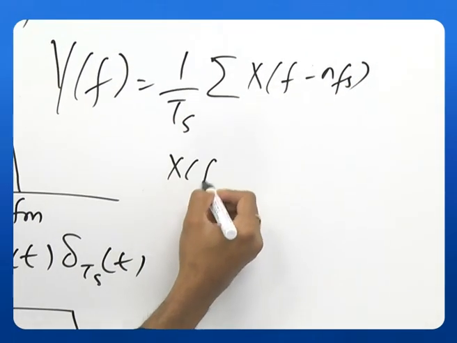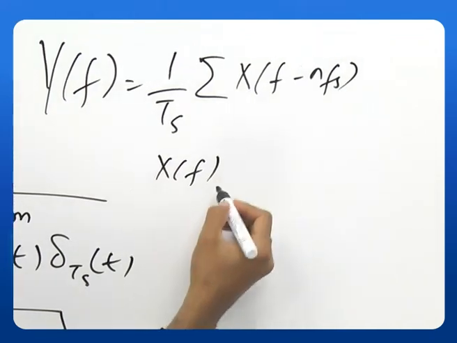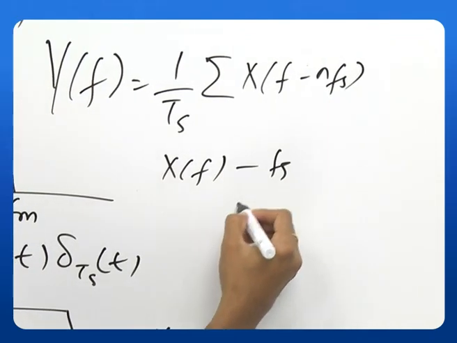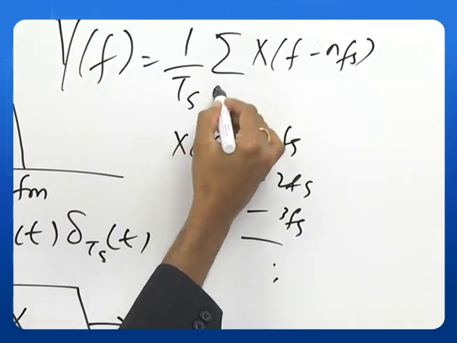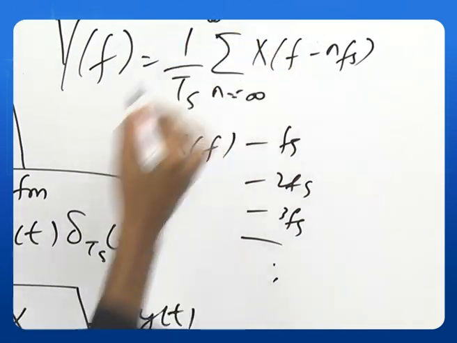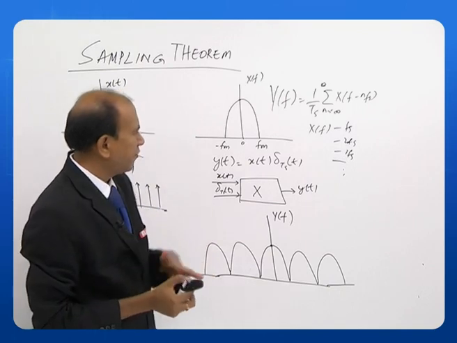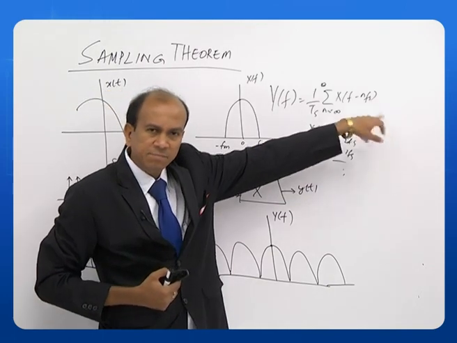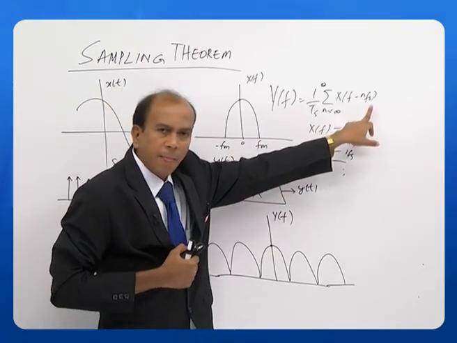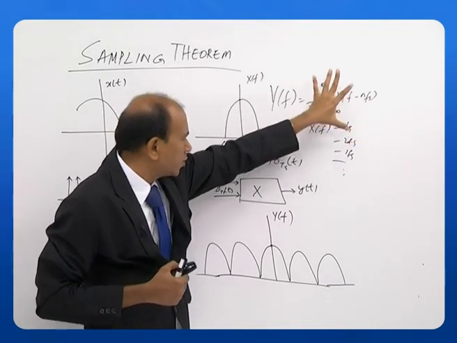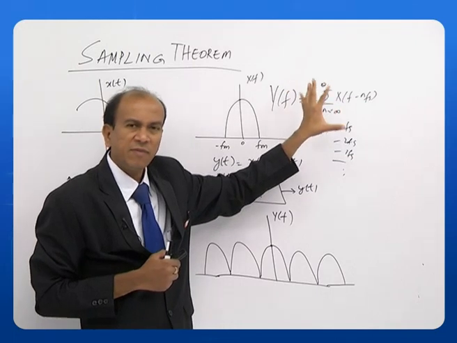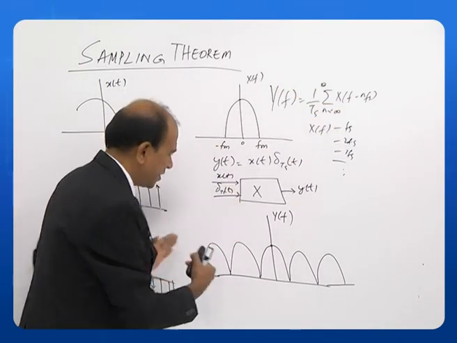One function exists at x of f, then the other one will exist at fs, then 2fs, then 3fs, like this, because n is varying from minus infinity to plus infinity. So, x of f will be at 0, then fs, next 2fs, 3fs, like that. So, this is a repetition. y of f is nothing but x of f which is repeating.